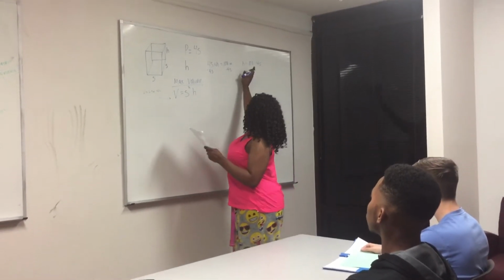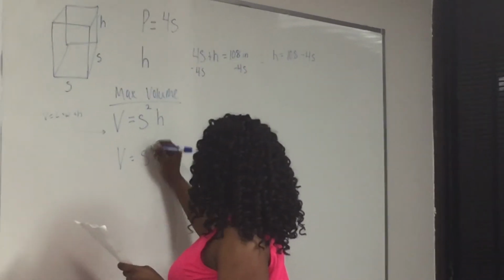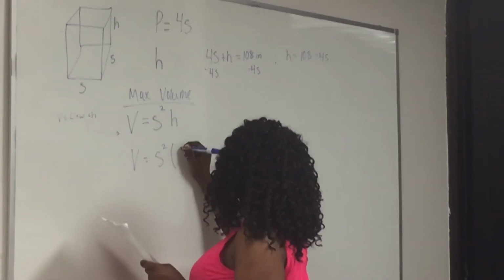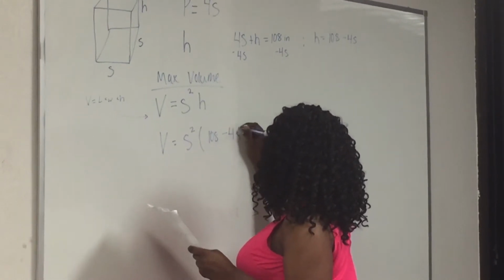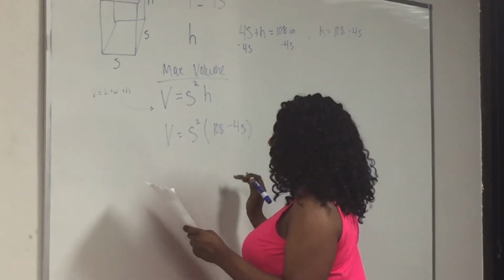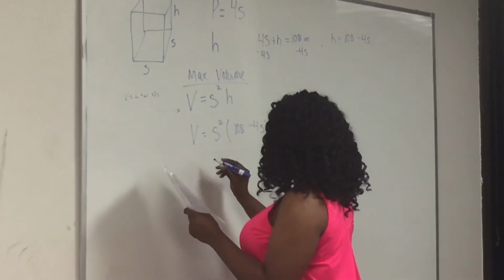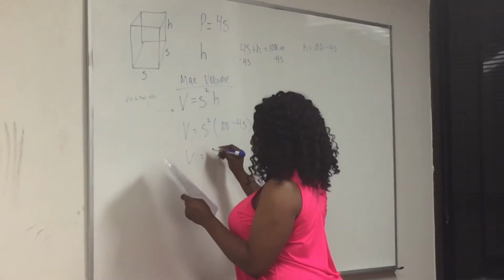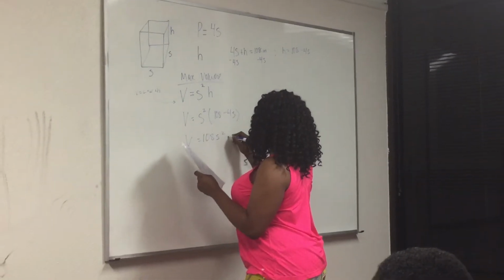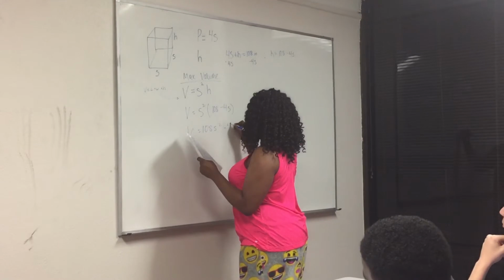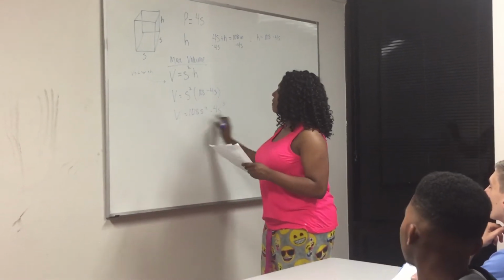We plug that in and create V equals S squared times 108 minus 4S. Then we distribute and get V equals 108S squared minus 4S cubed.